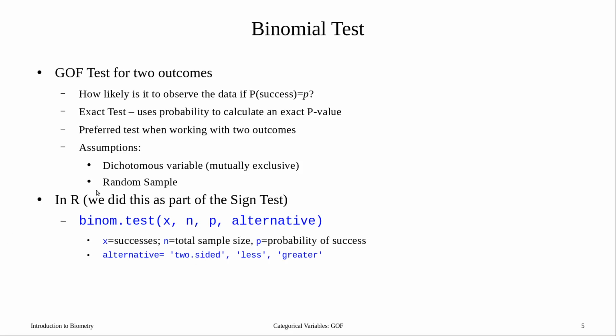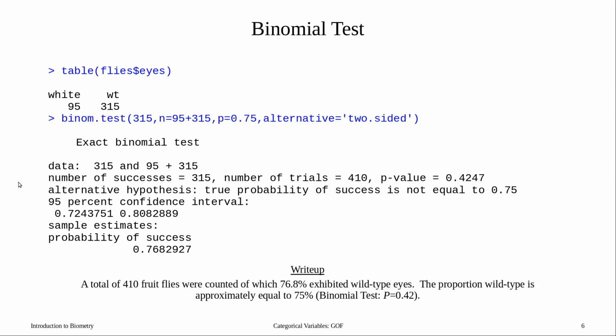So how would we do it for the fruit flies? Well, we have to first look at our fruit fly table. In R, we can view the frequency table by using the table function. And what we see is that we get 95 white-eyed and 315 wild-type flies, or red-eyed flies. So what I'm going to test is whether the probability of getting a red-eyed fly is equal to 0.75.